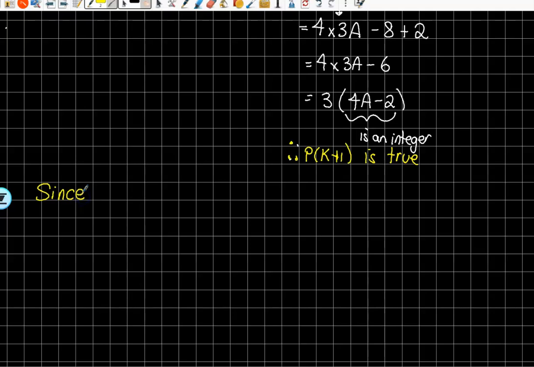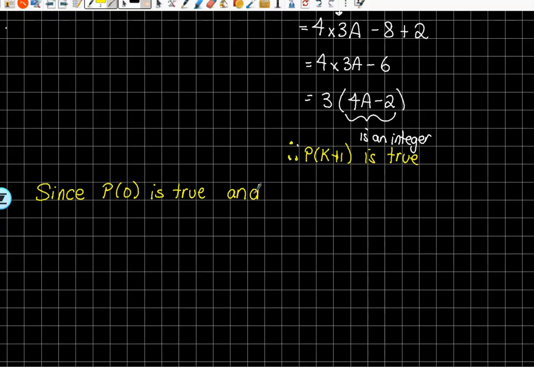So since, what did we start with? Didn't we start with since P of 0 was true? So since P of 0 is true, and what did we then do? We proved P of k plus 1 was true whenever P of k was true.